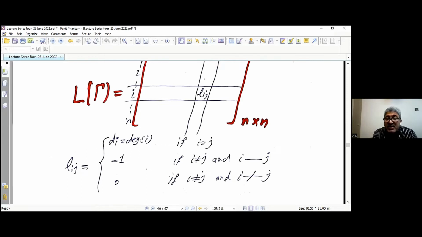Now, if i is not equal to j, we have two cases. If i is adjacent to j, we put -1 for the entry. And if i is not adjacent to j, we put 0. So that's the definition of the Laplacian matrix.